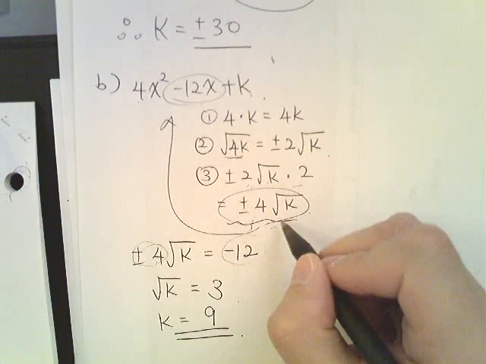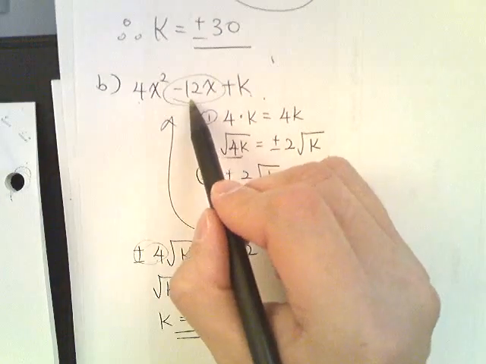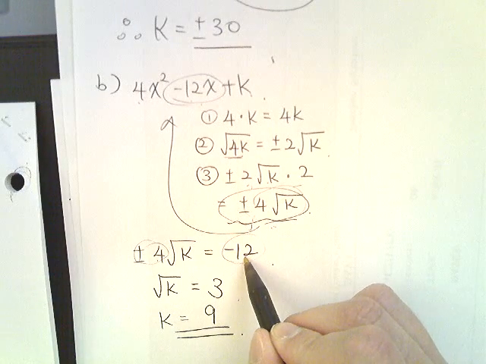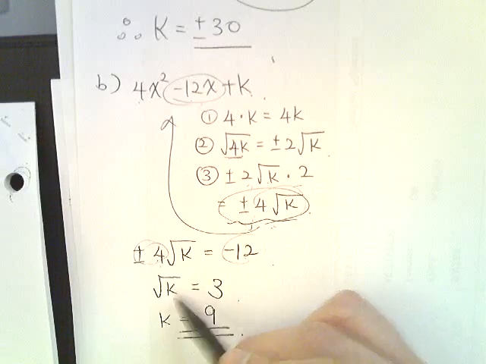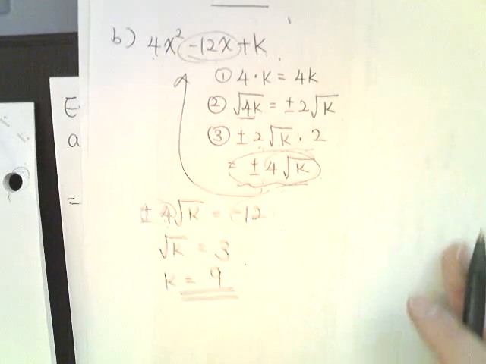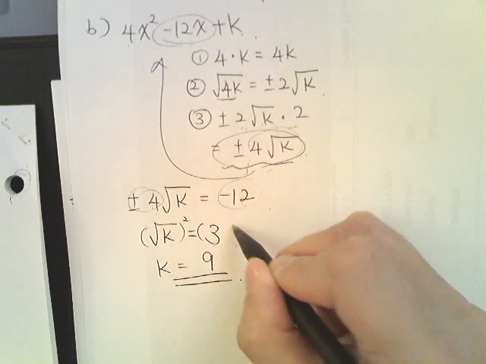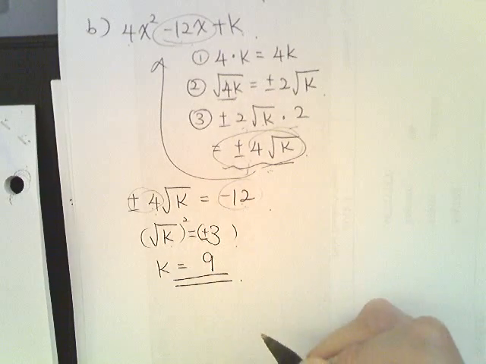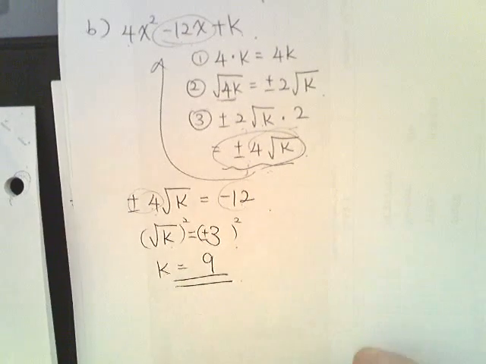Therefore, we simply have that as the middle term, which is negative 12. Now, if you divide it by the number in the front, I get the square root of k. Since I am looking for k, I have to square these two terms. Oh, sorry, it has to be plus minus 3 squared. So then k will be positive 9.